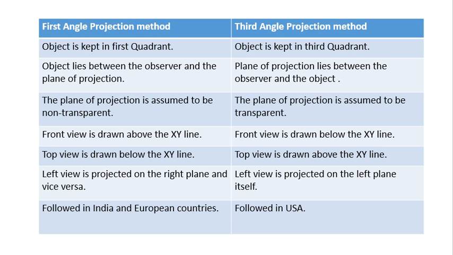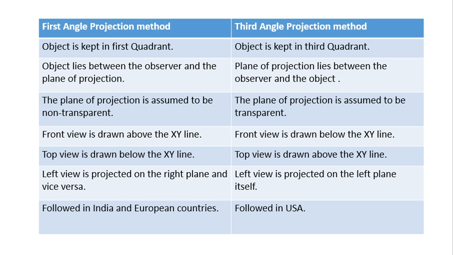Left view is projected on the right plane and vice versa. It is in first angle projection method, while in third angle projection method, left view is projected on the left plane itself. Don't worry, actually in India we follow only first angle projection method, so we need not worry about these differences.